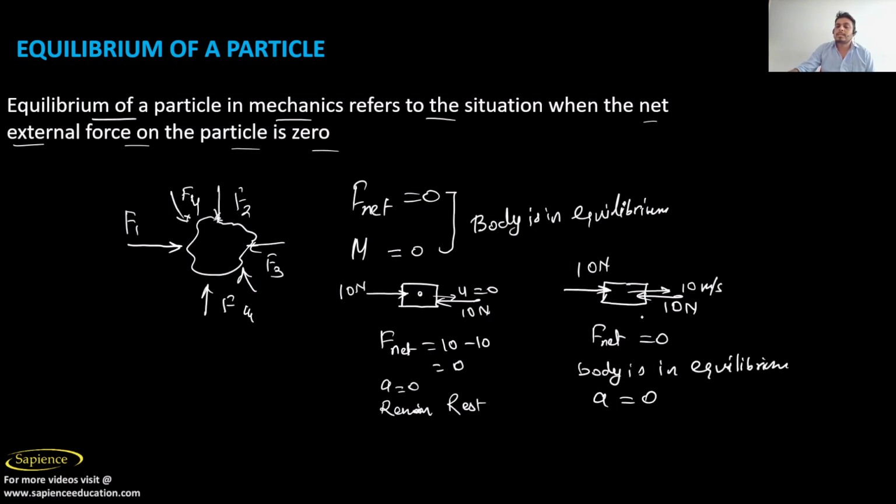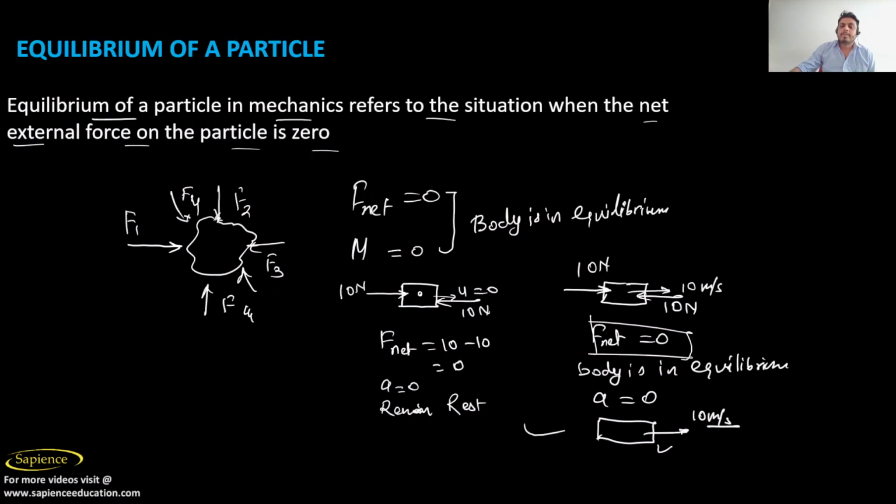So the body will remain in its state of 10 meter per second. If earlier the body's motion was 10 meter per second, after applying a lot of forces also, if the net force is 0, then the body has 0 acceleration and does not change its state of earlier motion. I hope you all have understood.